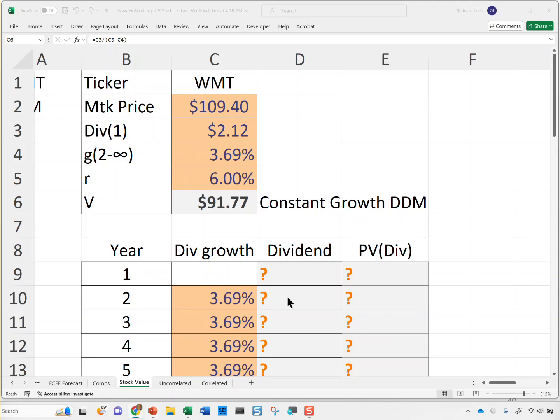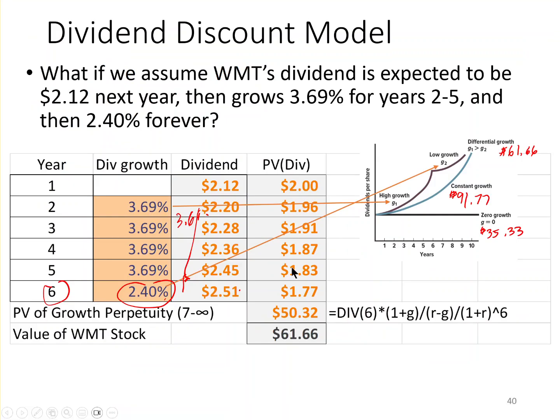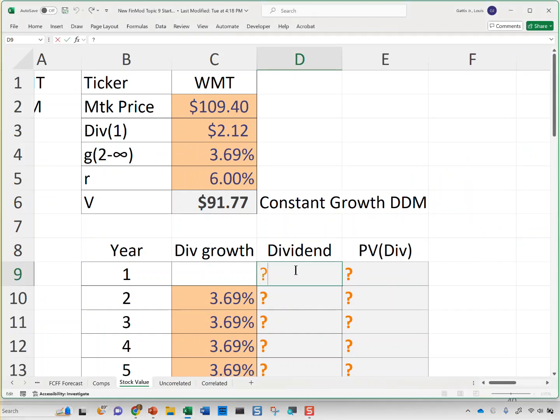Again, we just assume that this stock just paid a dividend of $2.12. If that's a future dividend, I would just put it right here. Then that dividend grows at 1 plus that abnormally high growth rate. I'm going to anchor that.